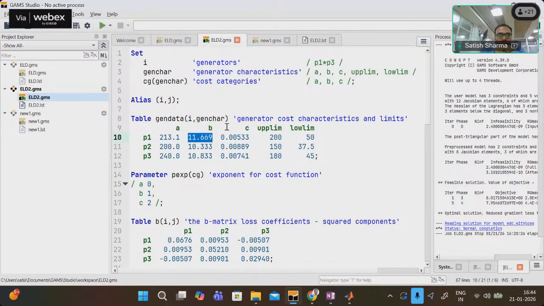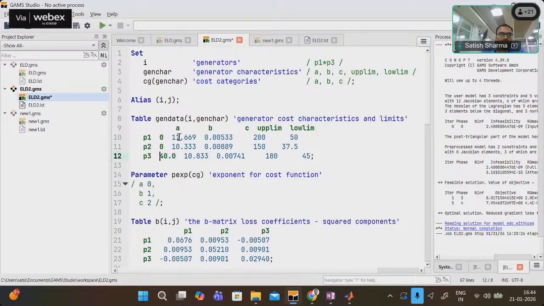So you can remove this A and C. Let's say I put 0 here, 0 here as well, 0, then this is B, and let me make C a 0 as well.